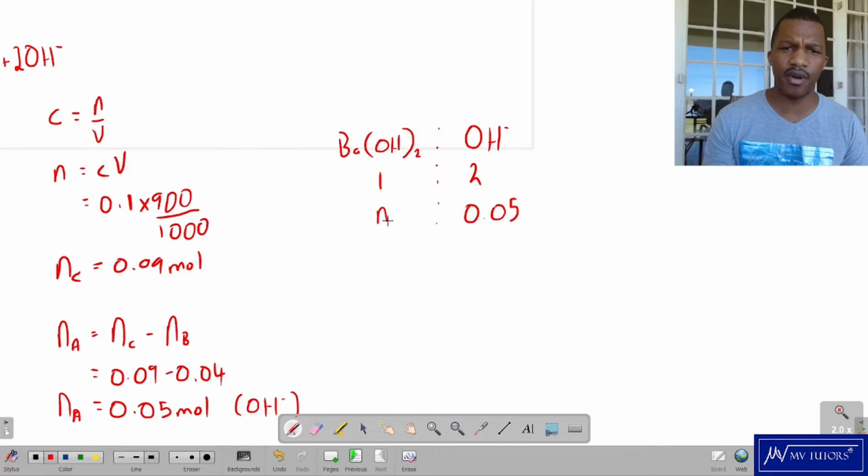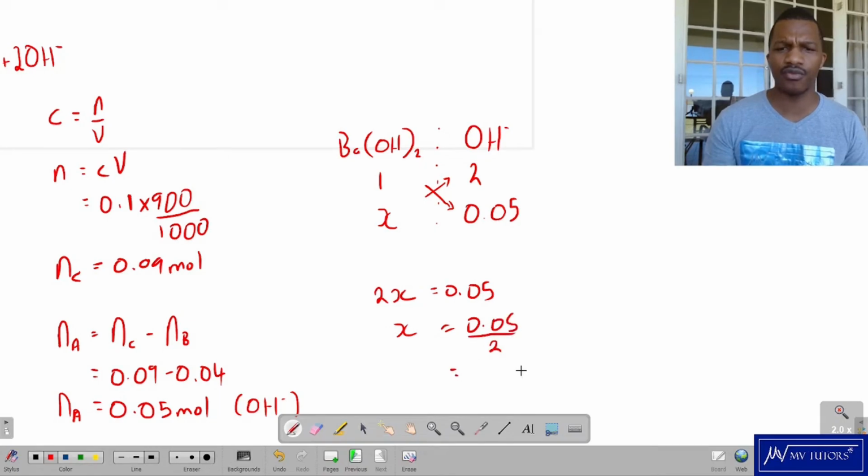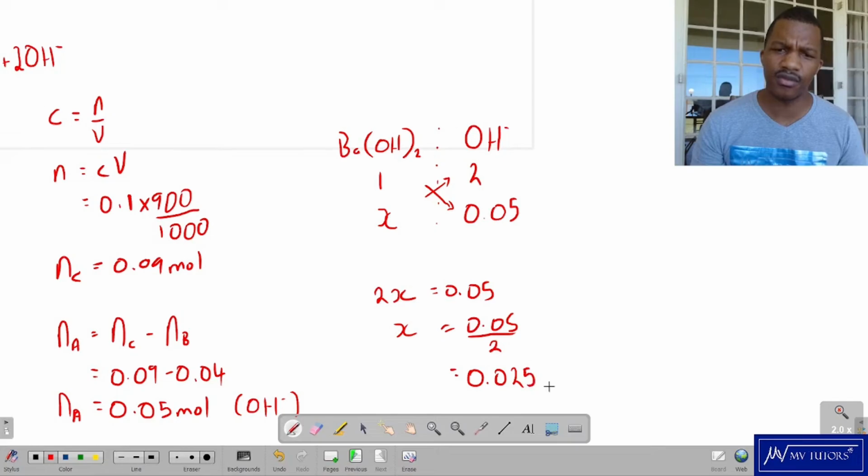We need the number of moles. Let me put X rather, so that you know we're solving for X. Okay, so cross multiplying, like that. So it's 2x, and then 1 times that is 0.05. To get x, that's gonna be 0.05 divided by 2. Well, I know it's 0.025. Let's just put it mole.